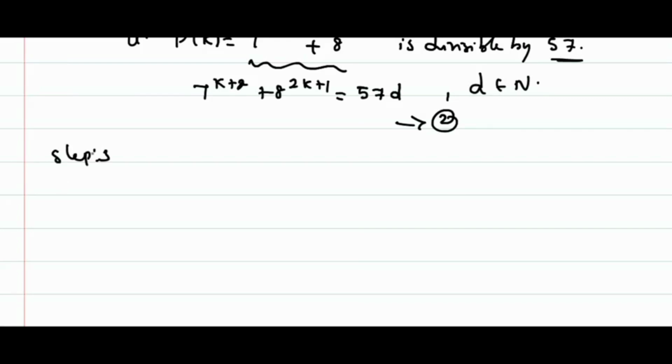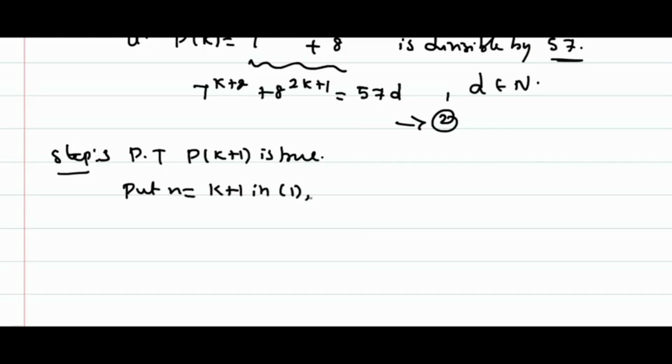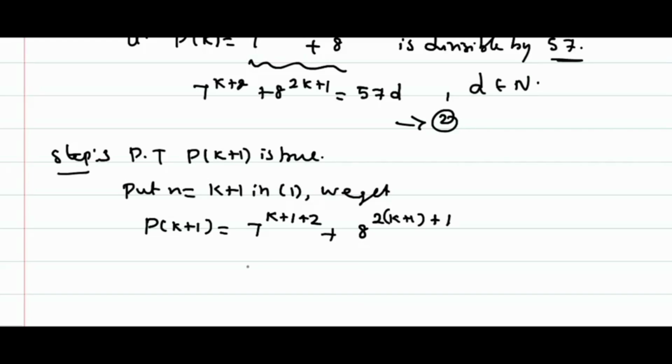What is step number 3? Prove that P of k plus 1 is true. How to prove P of k plus 1 is true? Substitute n equal to k plus 1 in equation 1. So we get P of k plus 1 equal to 7 power k plus 1 plus 2 plus 8 power 2(k plus 1) plus 1.